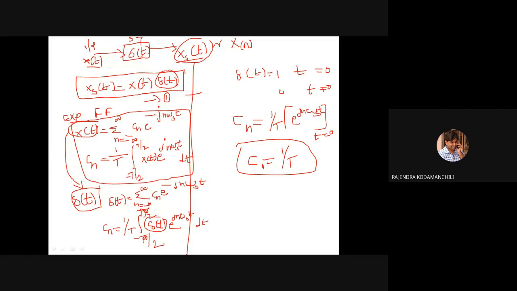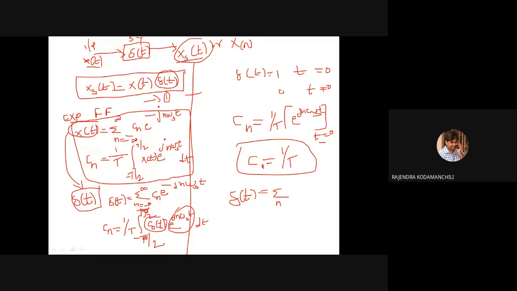Okay, so when we get Cn, sir, what is the reason why Cn value is 1 by T? I told you, the integral of impulse into anything: the impulse value is 1 at t equal to 0, and in the remaining portion we put t equal to 0. Already we did this problem. So just 1-2 minutes is enough.